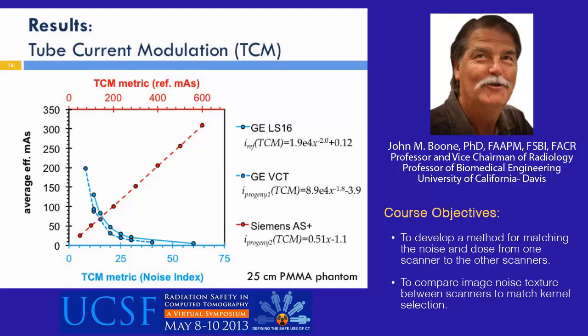And you can see that there's a nonlinear relationship between the GE metric, whereas there is a linear relationship between the effective MAS and the reference mass with the Siemens scanner. And that speaks to the difference in the way that these metrics have been defined.